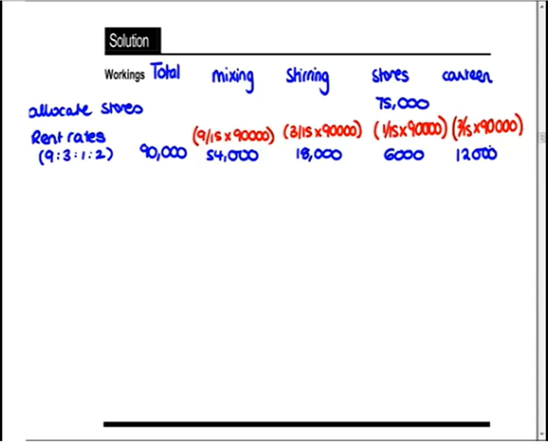We now need to allocate the insurance costs, which are going to be done on the basis of the value of the machine. So we've got 20,000 of insurance costs to be allocated, and we'll do that on the net book value of the machine. And that's in the basis 2 to 1 to 0.6 to 0.4 million value of the machines.